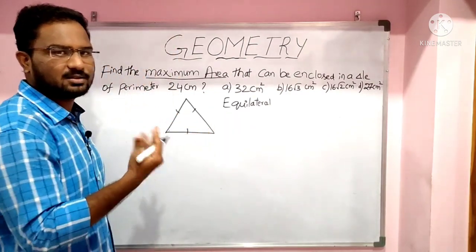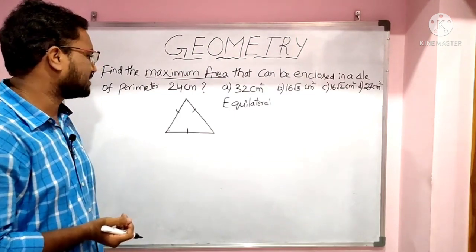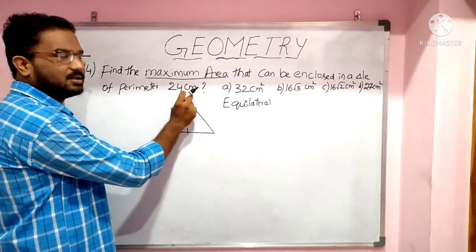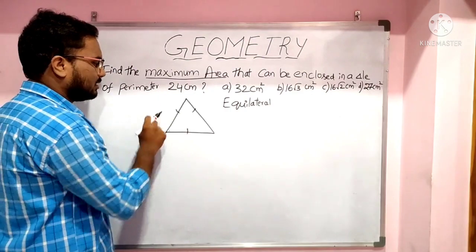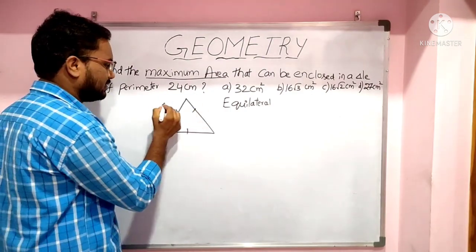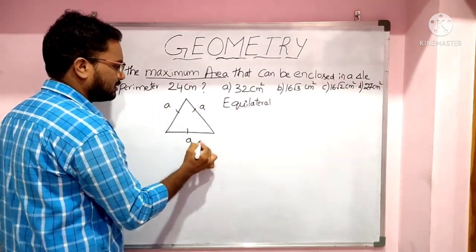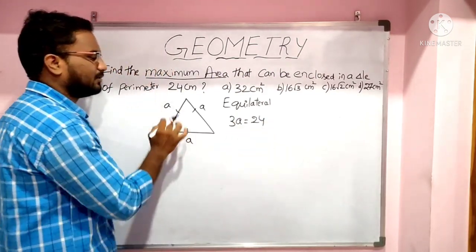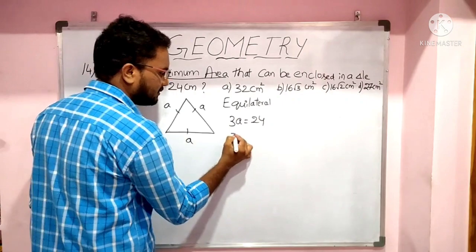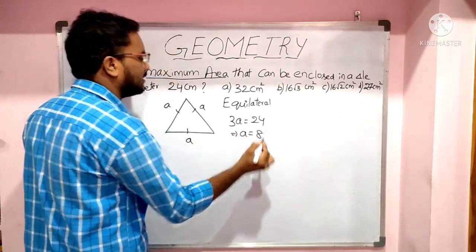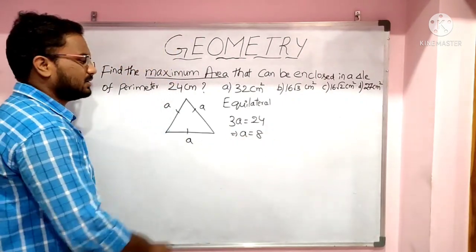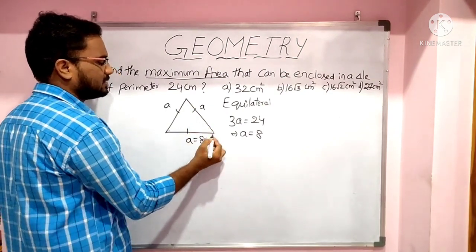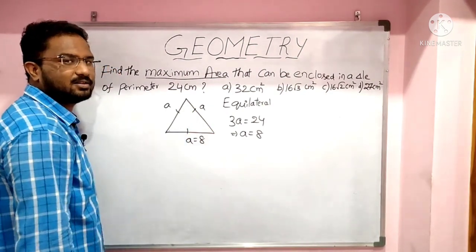So area is maximum. Here the perimeter is 24 centimeters. Perimeter means the sum of all sides. Let us say all sides are A. So 3A equals 24, the sum of all sides. So the A value is 8. So the side of the equilateral triangle is 8.